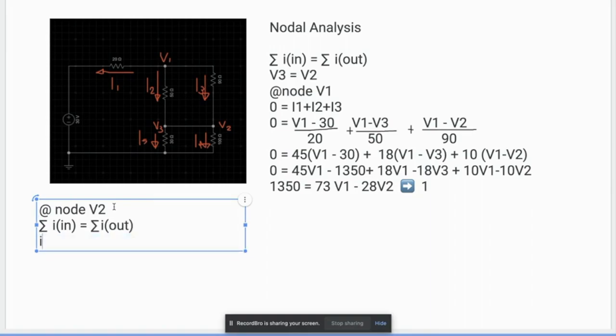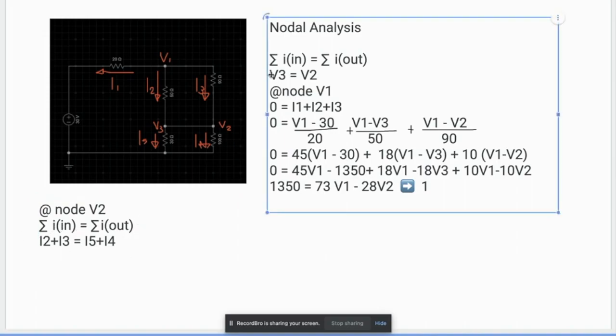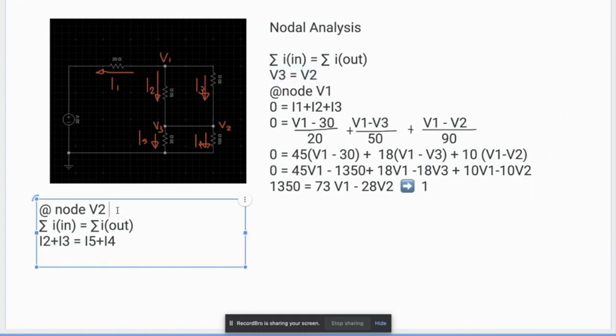Then incoming will be I2 plus I3 equal to I5 plus I4. Since we used V2 here, I have to use V2 also here, taking note that V2 is equal to V3.